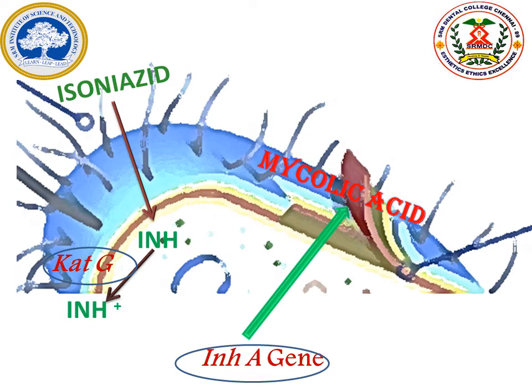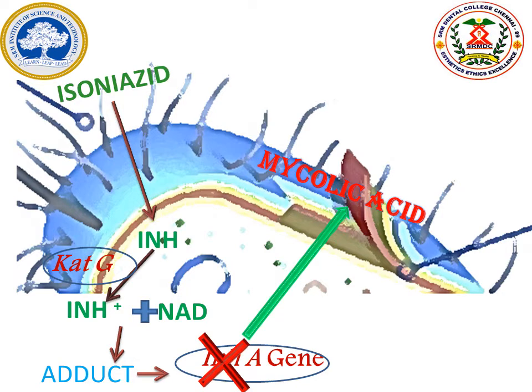The active metabolite of INH combines with NAD present inside the mycobacteria, producing an adduct. This adduct inhibits the enzyme encoded by the INHA gene.